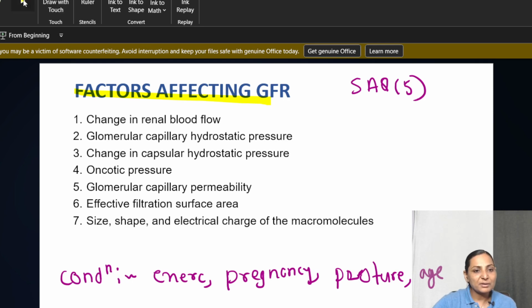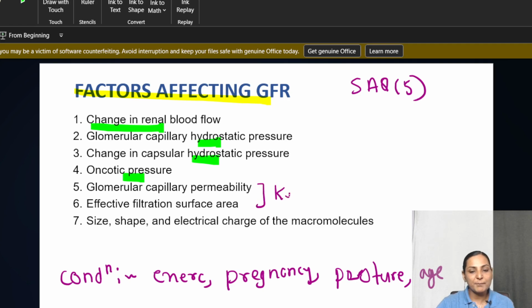So the important factors affecting GFR are: the change in the renal blood flow, glomerular capillary hydrostatic pressure, change in the capsular hydrostatic pressure, that is the Bowman's capsule hydrostatic pressure, the oncotic pressure, that is the glomerular capillary oncotic or colloid osmotic pressure, the glomerular capillary permeability, and the effective filtration surface area.